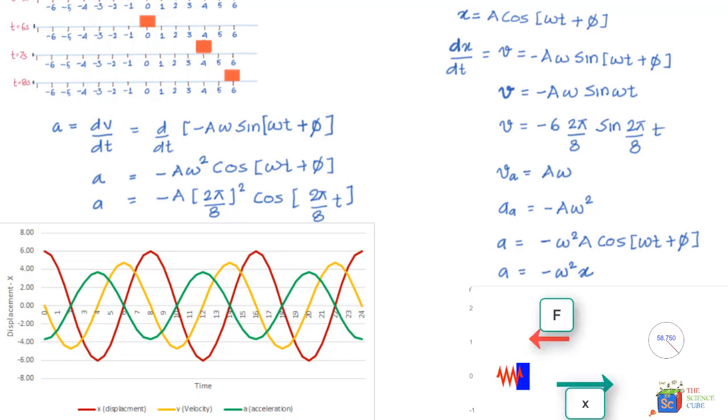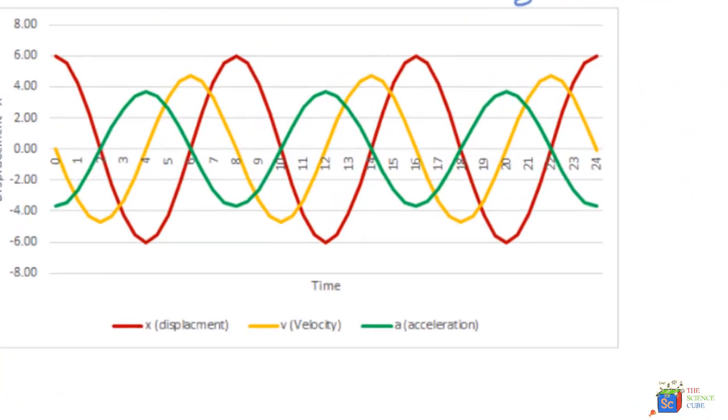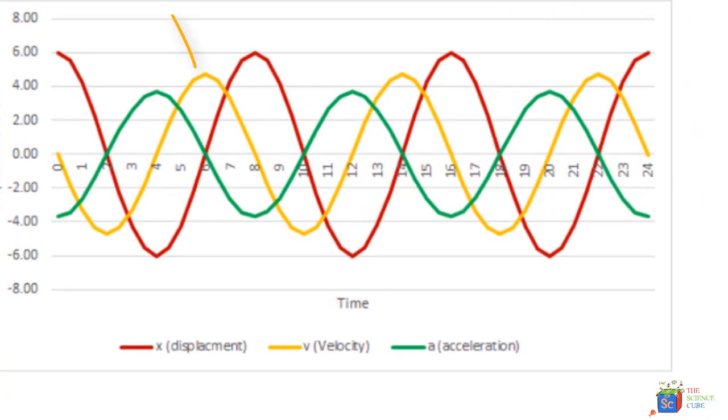So with this understanding, let's see a simulation of a mass under simple harmonic motion and see how displacement x, velocity v, and acceleration a change with time. Try to see first the change in velocity against position x, and then observe the acceleration against position x.